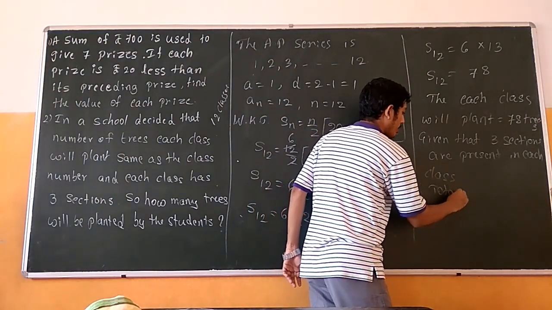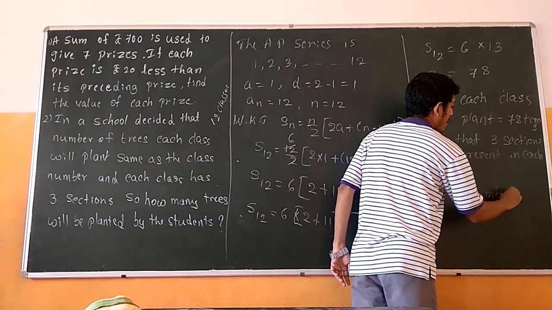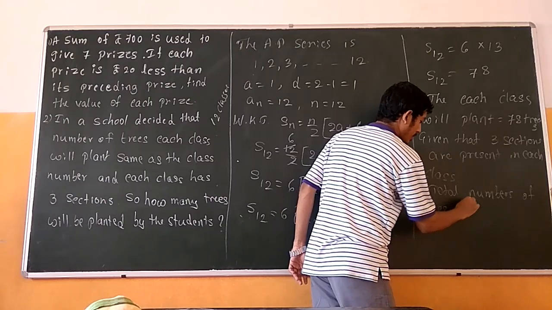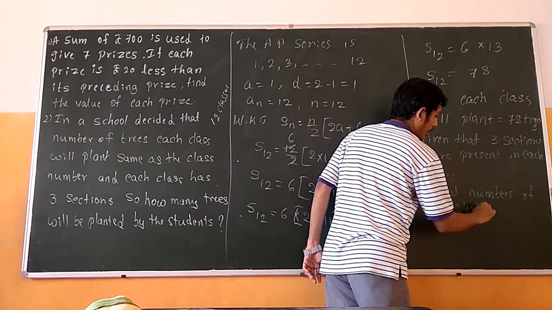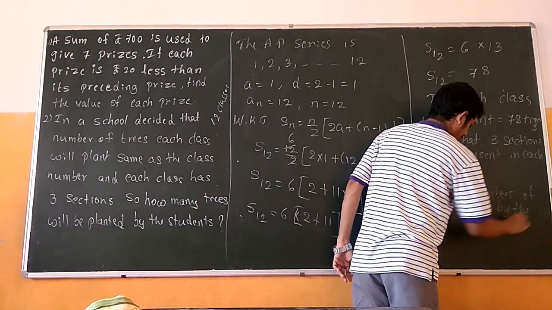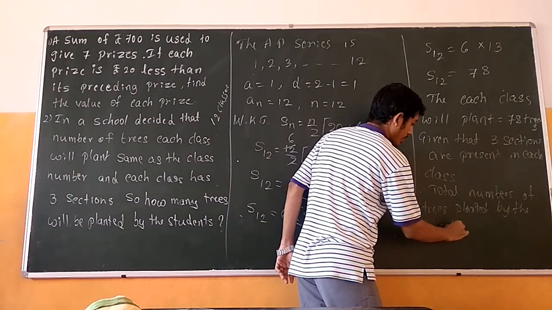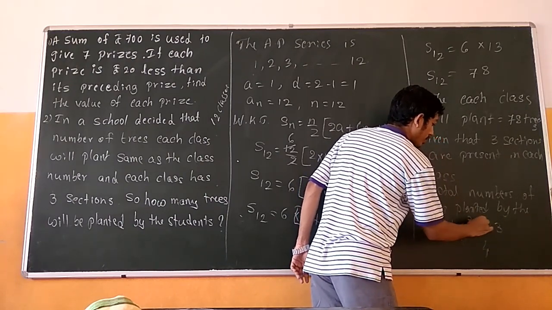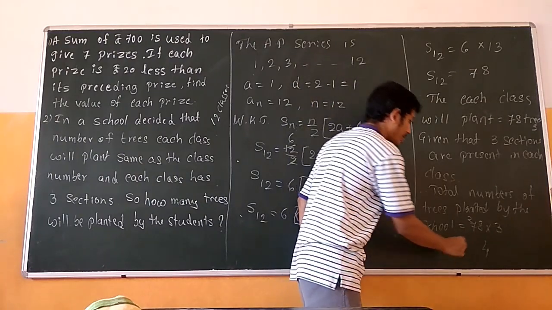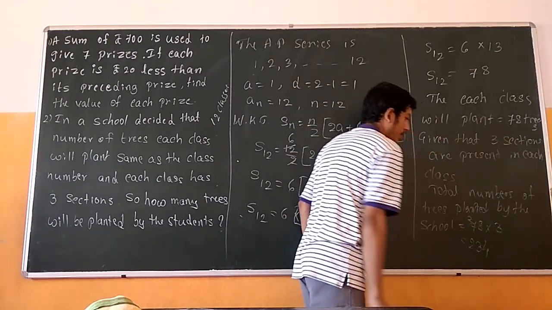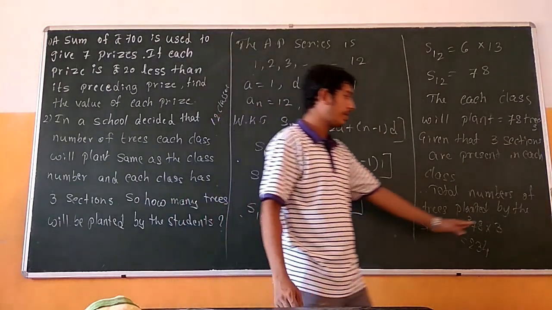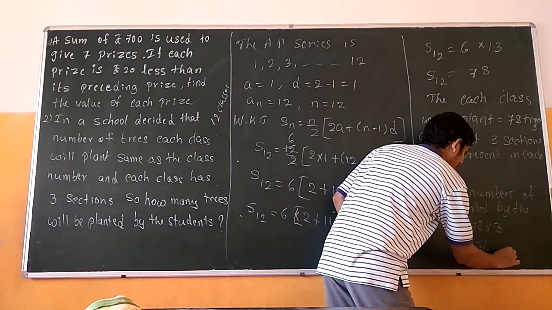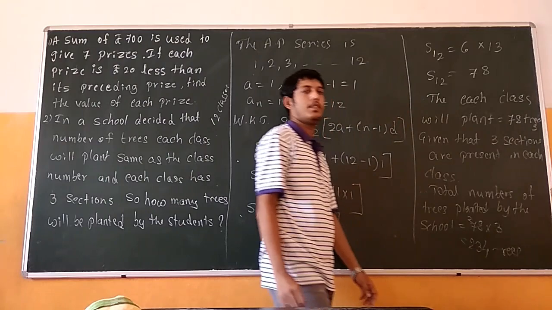Therefore the total number of trees planted by the school is equal to 78 into 3. 3 eights are 24, 3 sevens are 21, plus 2 is 23, so 234. Thank you.